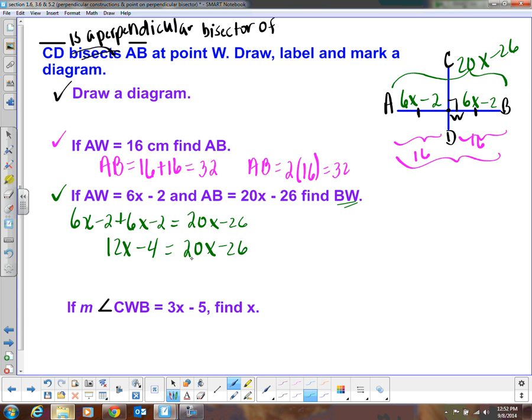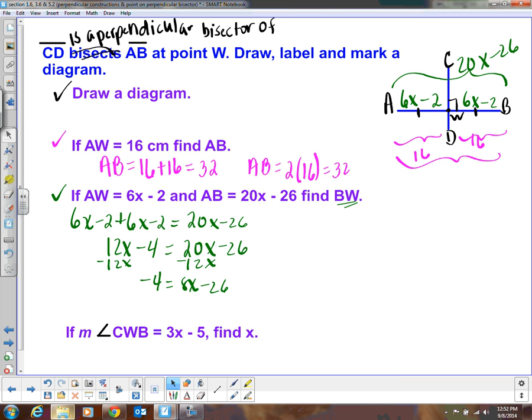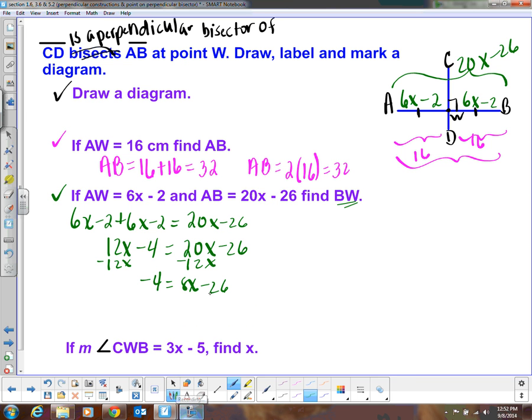So I'm going to subtract the 12x to keep my x's positive. I don't like negative x's. Negative 4 equals 8x minus 26. So now I'm going to add 26 to both sides. So I'm going to have 8x is equal to 22.